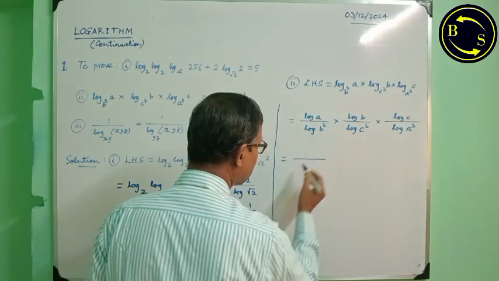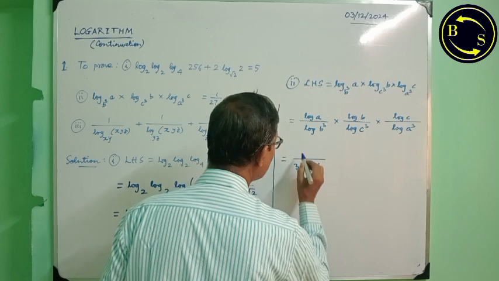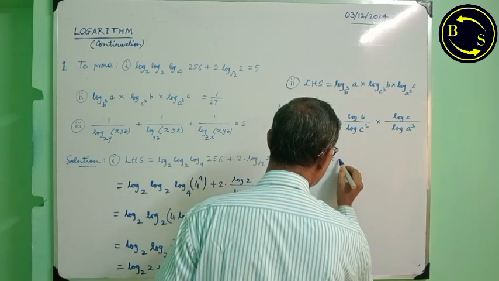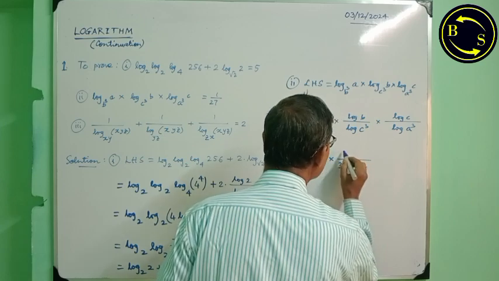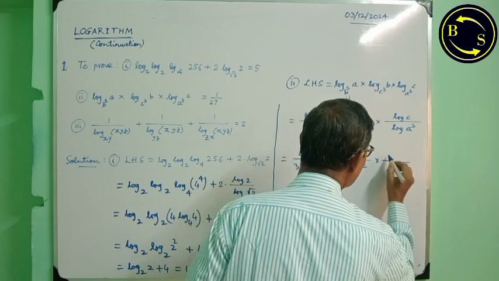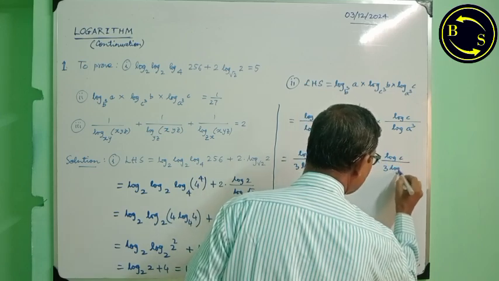The power is 3, therefore it will be 3 log b, numerator log a, into 3 log c, numerator log b, into log c, 3 log a.